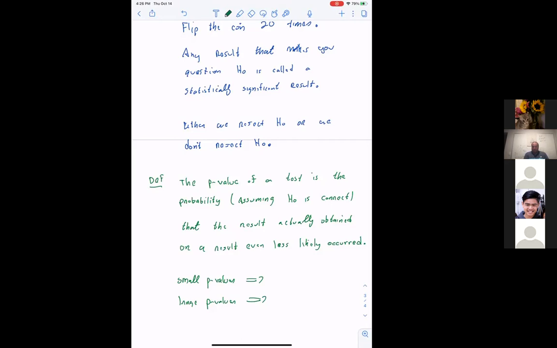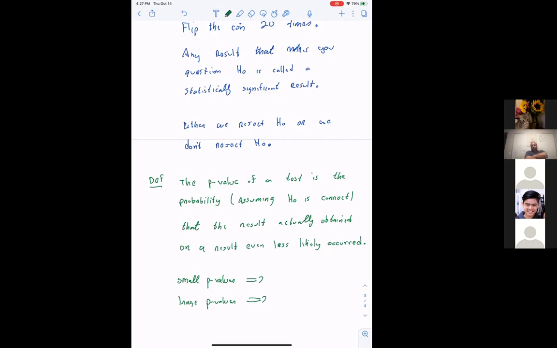Larger p-values mean a larger probability that the event actually occurred. That's correct. A large p-value means a larger chance that the event occurred. So if there's a larger chance that the event occurred, doesn't it make it reasonable that the null hypothesis is correct?